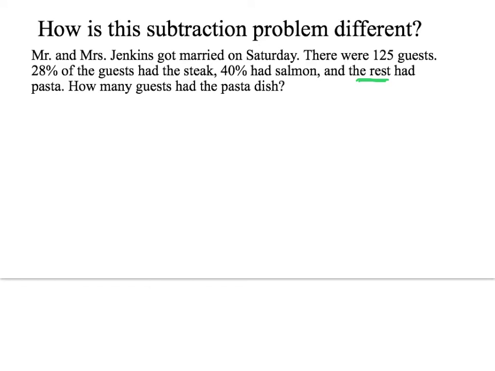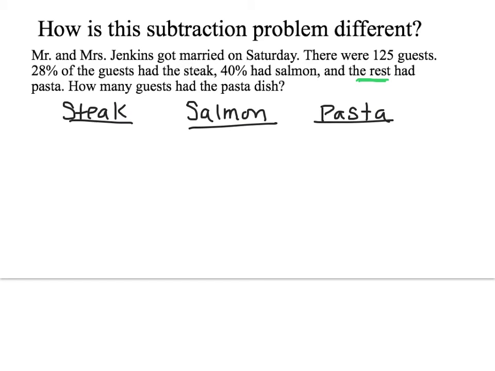So here I have a couple different groups. I have people that had steak, people that had salmon, and people that had pasta. The first one, steak: 28% had steak.